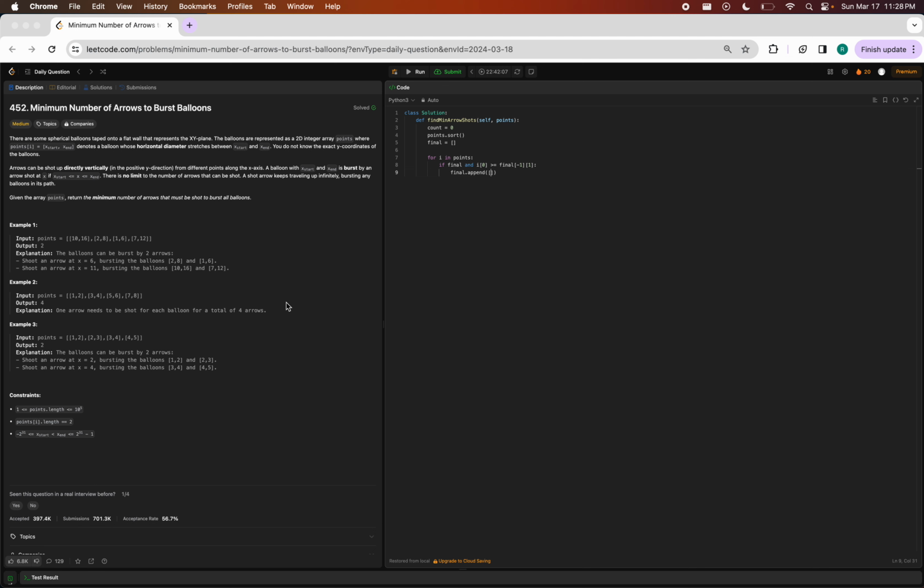To make sure that we don't take stuff we're not supposed to, it would be best to shrink it to the new limits. For the start, it would be the max of the start of i and the start of the previous one, so i at 0 and final at -1 at 0.